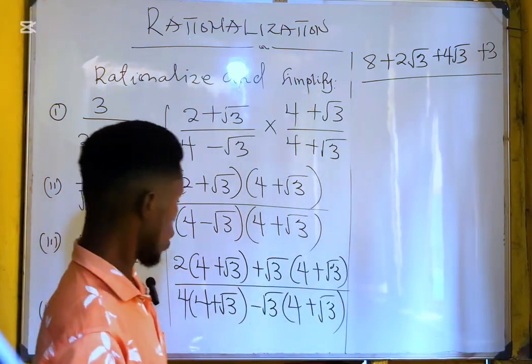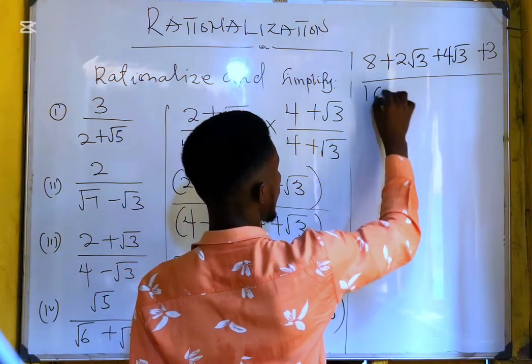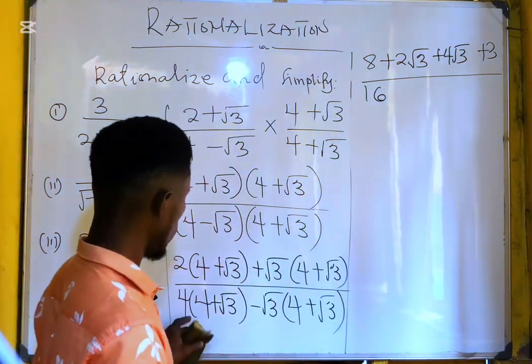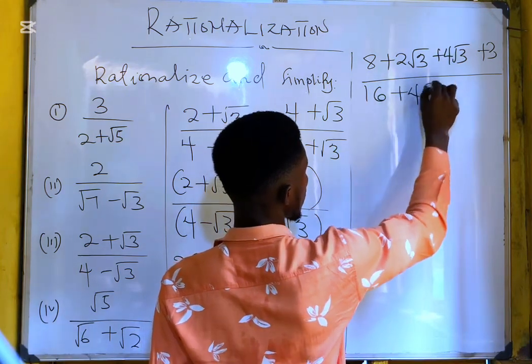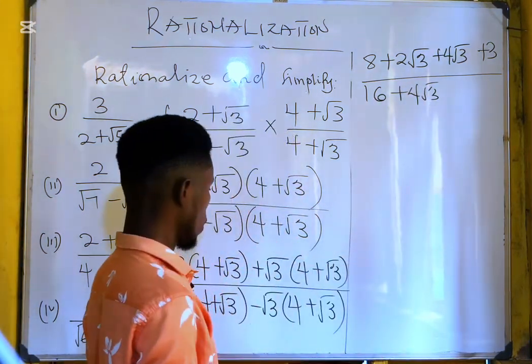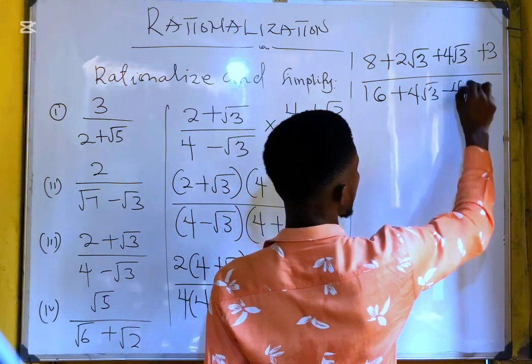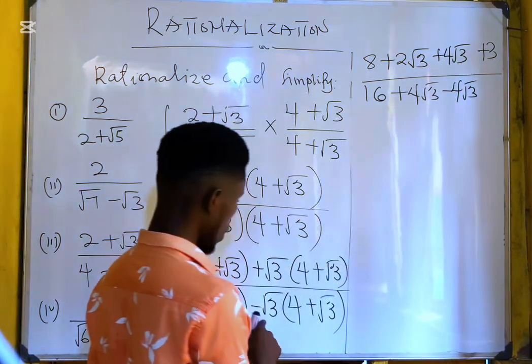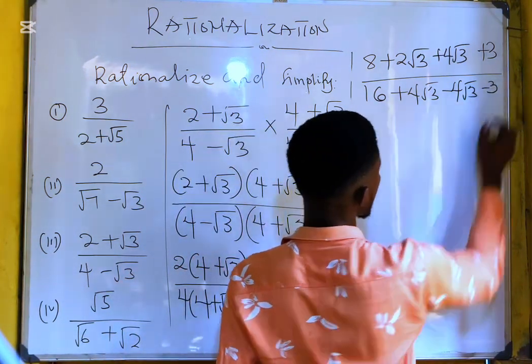Okay, so that one. Now 4 times 4 will be 16. 4 times root 3 will be 4 root 3. Then negative root 3 times 4 will be negative 4 root 3. Then negative root 3 times positive root 3 will be minus 3.